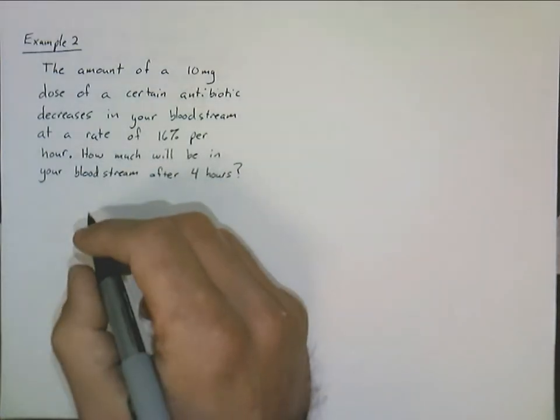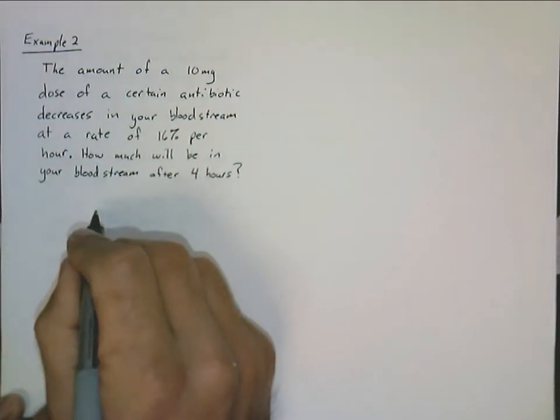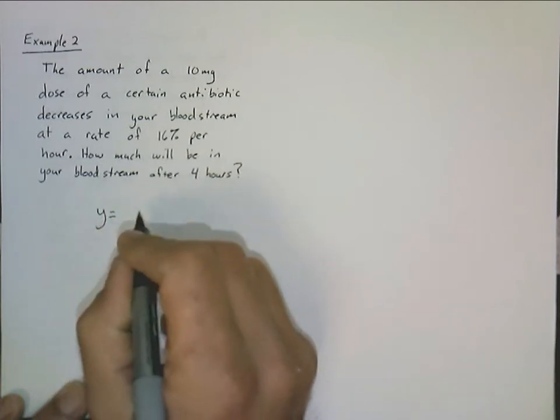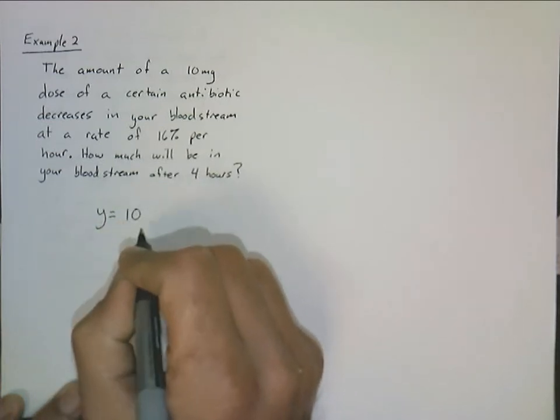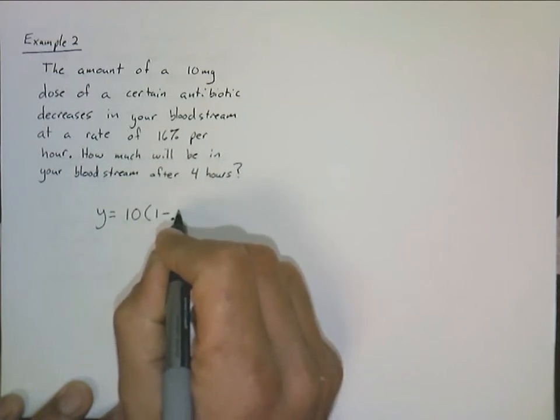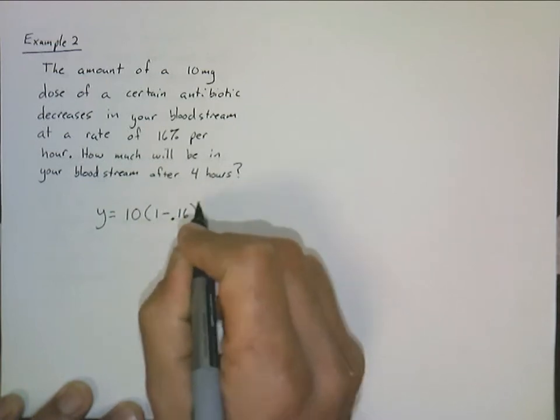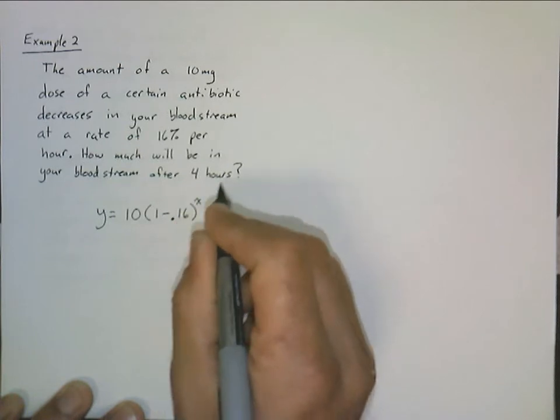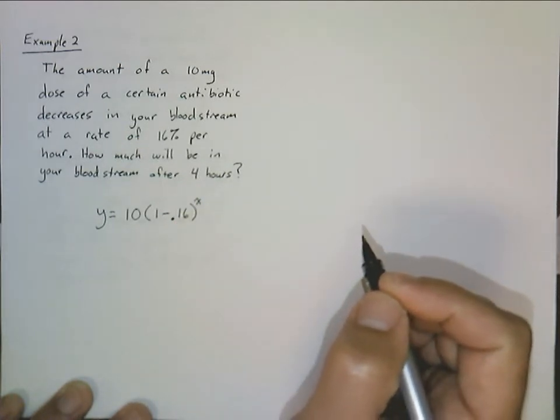Well, again, just set up your exponential decay formula. Y is equal to the initial amount of 10 milligrams times 1 minus 0.16, raised to the power of x, where x represents the number of hours.